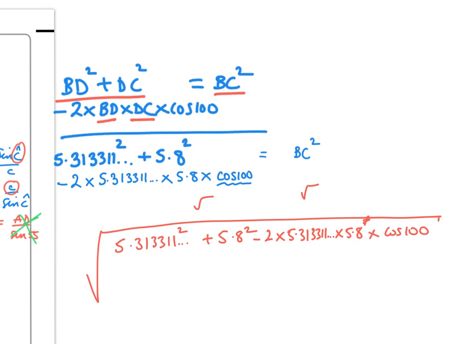So you can put that all into the calculator all at once if you want. Personally, I would do that, but some of you may want to do each part separately.